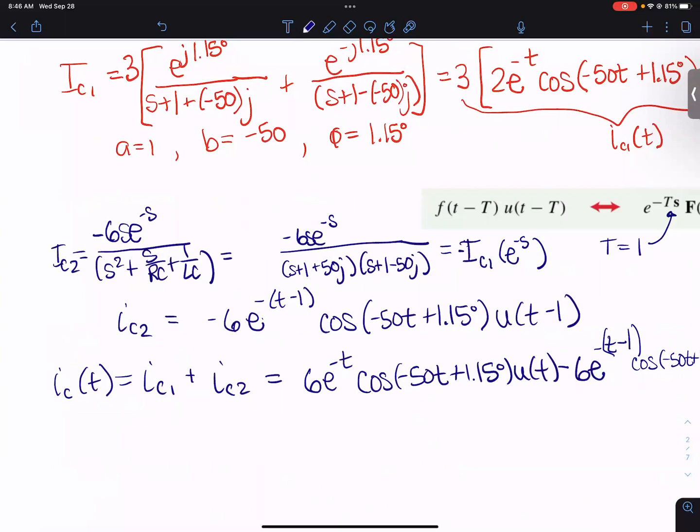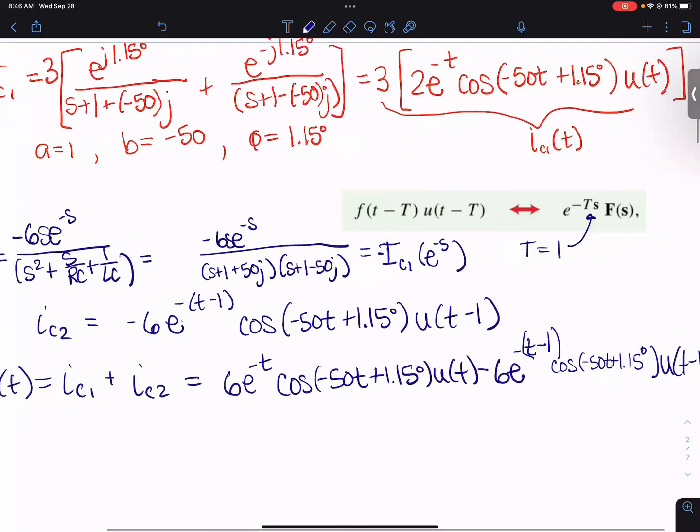And we know the minus just comes out in front. So then it's just IC1 times e to the minus s. And then we notice that that t is 1 and we can move it back. Does that make sense?